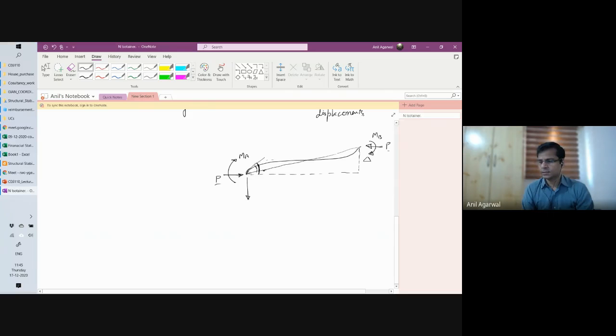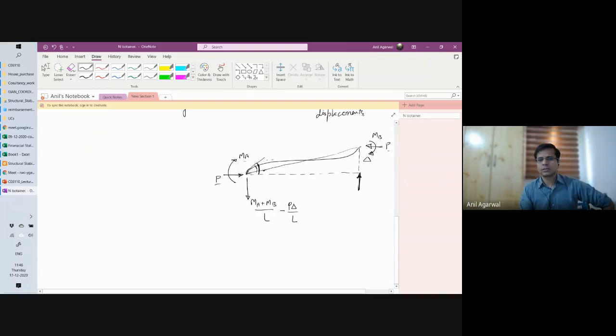And as a result, first you will have MA plus MB divided by L. In addition to that, you will also have P delta by L. Do you follow? See, MA and MB, I'm assuming, are both clockwise. So MA plus MB is in the clockwise direction. So MA plus MB divided by L will be the force required, and the net force here is in this direction, right? There is a shear force here.